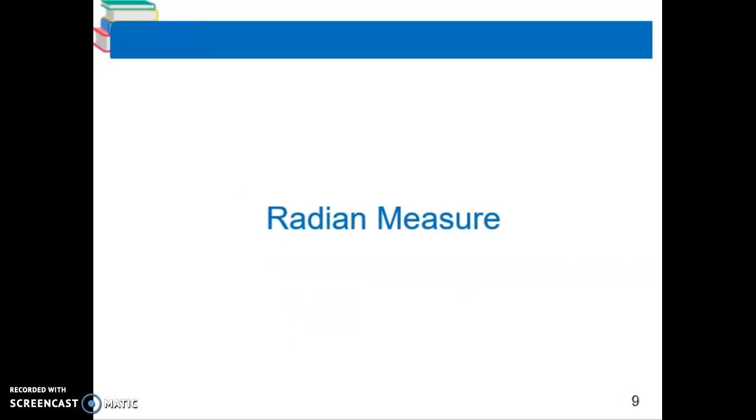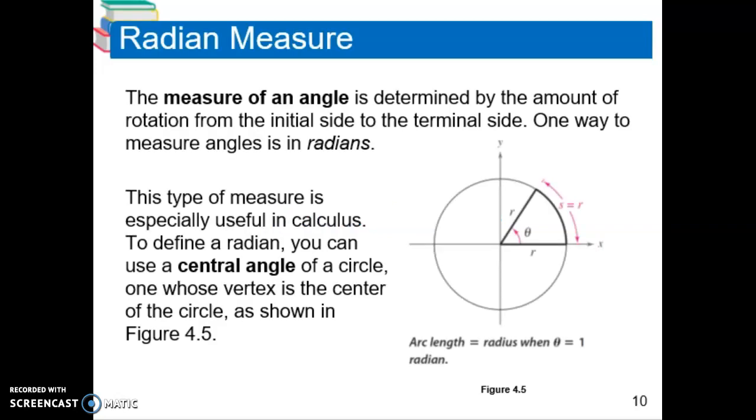Radian measure is another topic that we started looking at already. When we talk about radians, it is simply a different way to measure an angle. In order for us to use radians, we use the radius as a measure alongside the arc.